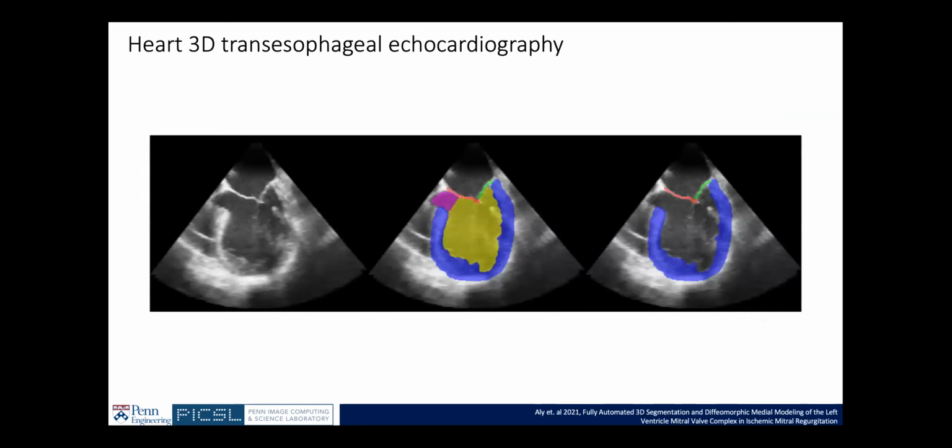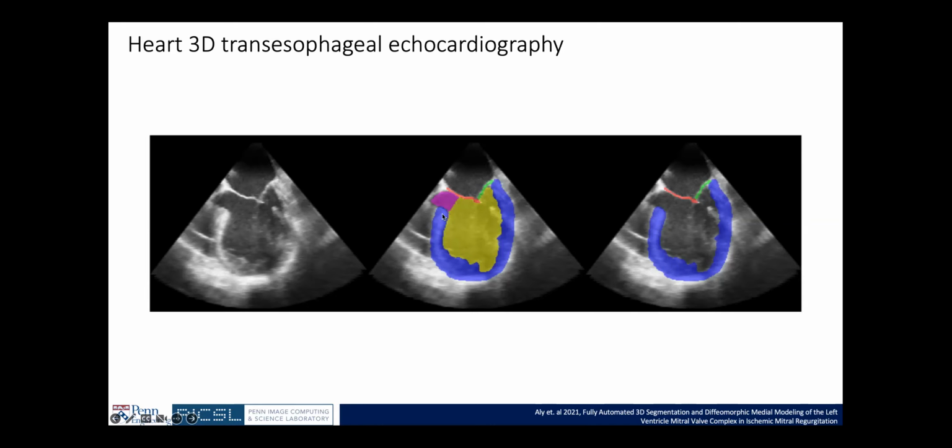Some more examples before we move on to the next architecture. This is data from our lab where we try to segment the left ventricle of the heart in echocardiography ultrasound data using nnU-Net. On the left is the image. On the right are the different structures of interest. These are manual segmentations that you're seeing right now.